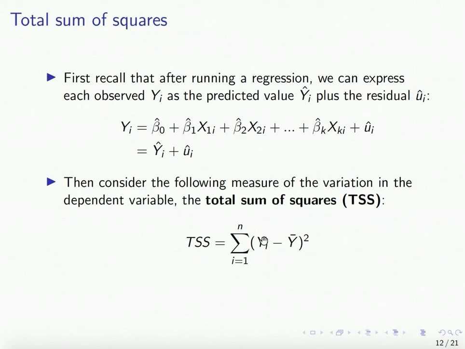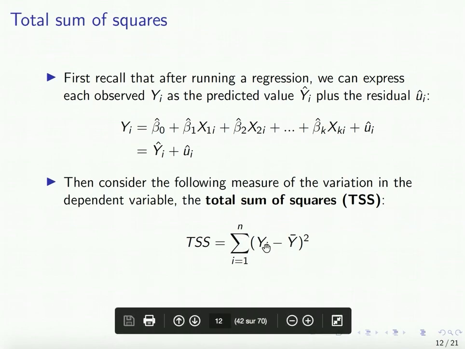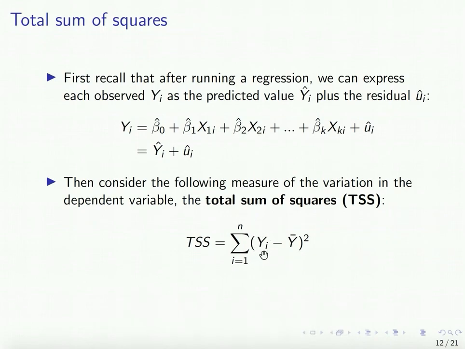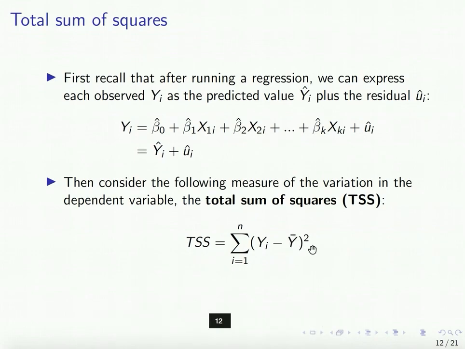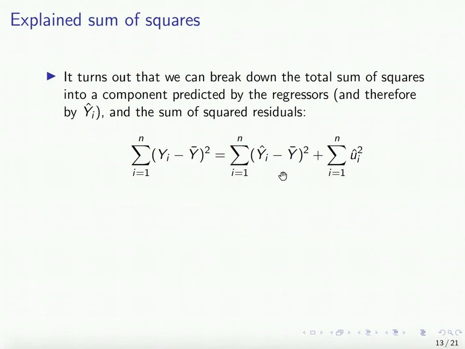And again, we're just going to define total sum of squares as the sum of the distance between each observation in your data set, or each observation in the population, if you have access to that, minus the mean of that variable. It turns out, using the expression I mentioned before, that you can decompose this total sum of squares between two components.